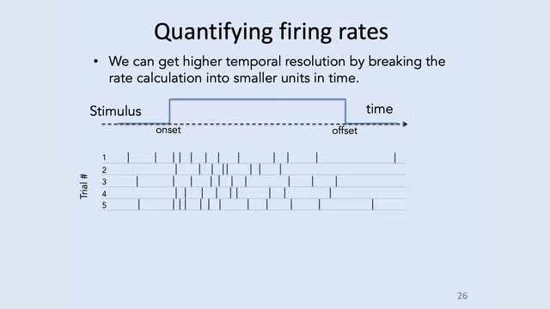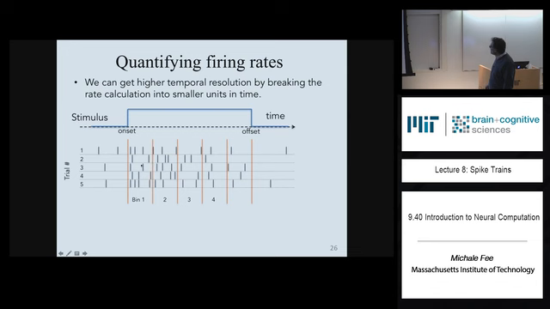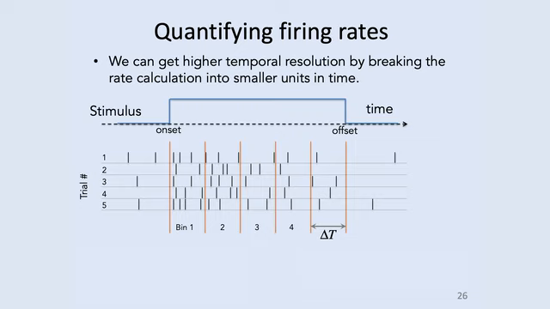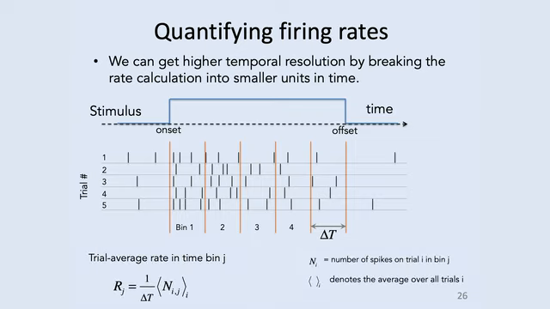But if we want more temporal resolution in how we quantify the firing rate, we can just break the period of interest up into smaller pieces, count the average number of spikes in each one of these smaller bins, and divide by the interval of these smaller bins.